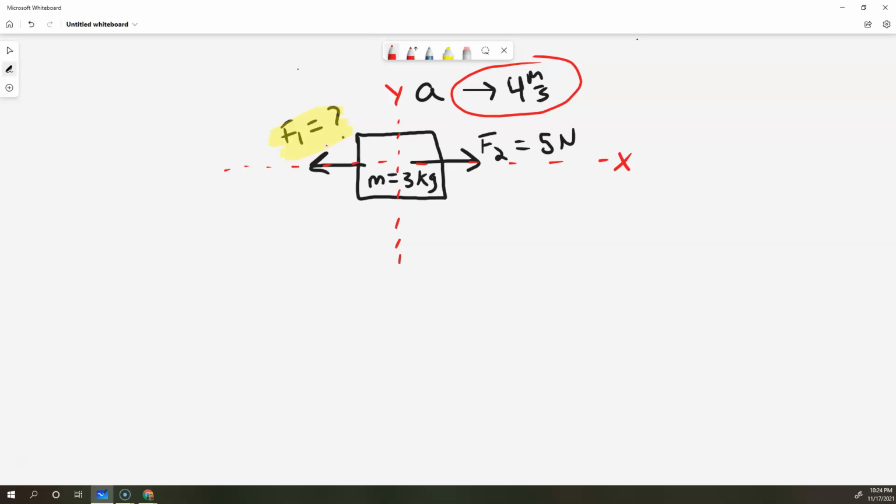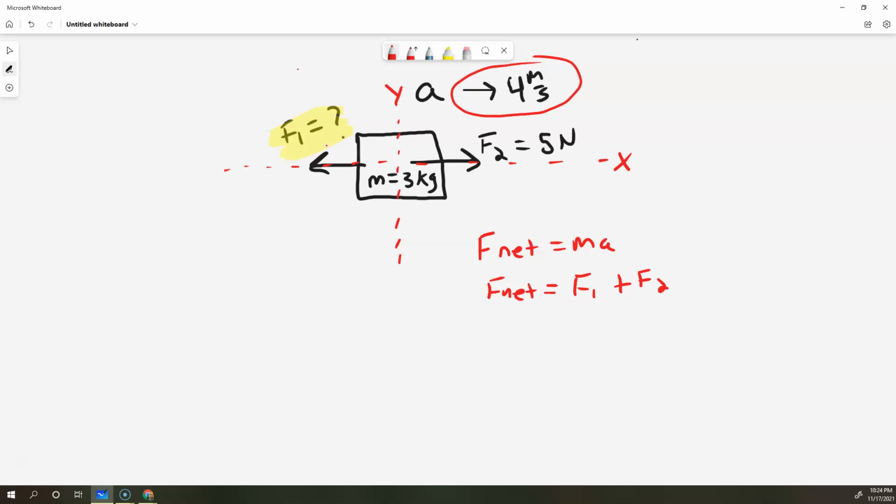And I'm going to write down my equation that says F net equals MA, and that says F net is equal to all the forces, which is F1 plus F2. Now, I drew F1 to the left and F2 to the right because it made for a nice picture. Again, let's say I don't know what direction that F1 force was.